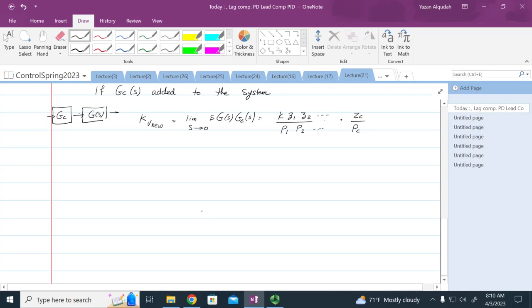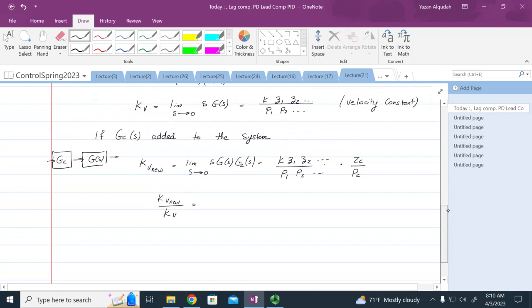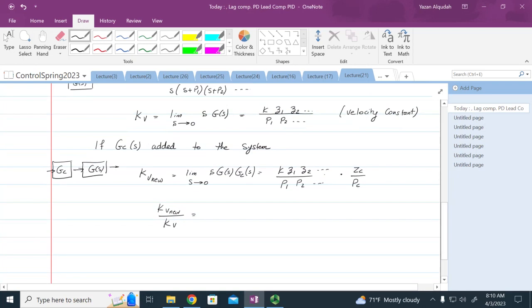So if we look at what happened to KV, if I calculate KV new divided by the original KV, what is this going to equal? The improvement in KV. This term is common, and therefore it's going to cancel out.